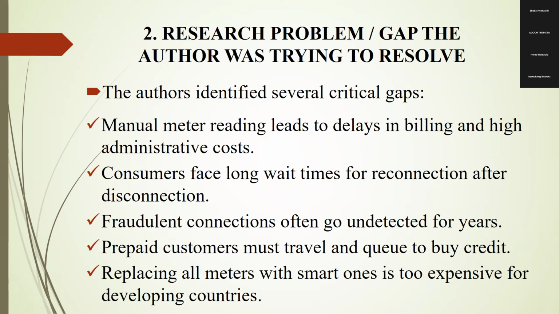So we can put it in the perspective of water, since most of our things are done manually. So in the gaps these two authors mentioned, there were manual meter readings, whereby people from their utility stations had to come and manually read their customers' meter readings, and then they go back and do everything manually.